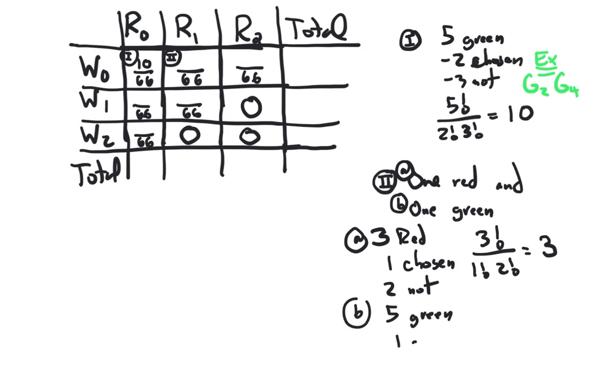There is 1 chosen and 4 not. And I think it's pretty obvious that this is 5, but if we want to write down the calculation, it's 5 factorial divided by 1 factorial, 4 factorial, and that is 5. But I think everybody just knows that if you have 5 things and you choose one of them, there's 5 different ways of making that choice.